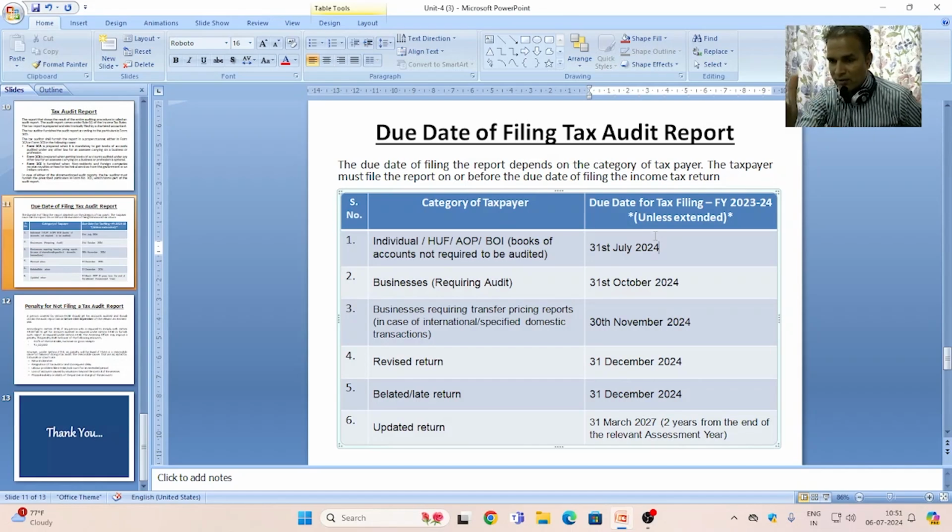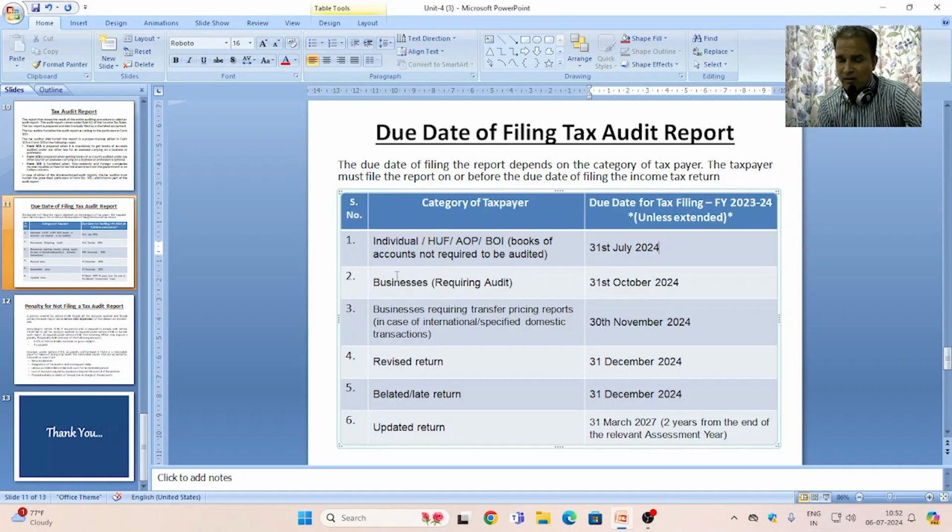Okay, all these dates are standardized by the income tax department until they are extended by the income tax department. So the first category of taxpayer should submit their audit report latest by 31st July 2024. All these dates are related to the assessment year 2024-25 or financial year 2023-24. Second category, business.